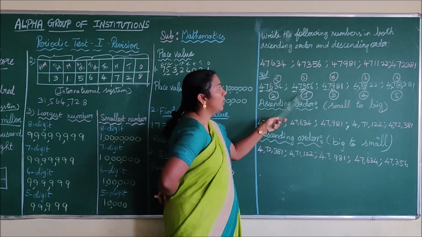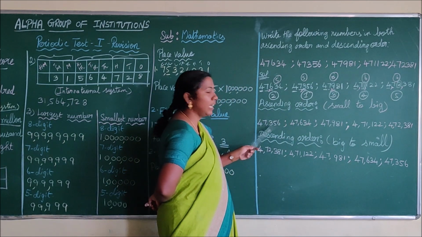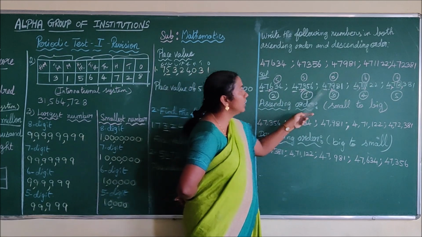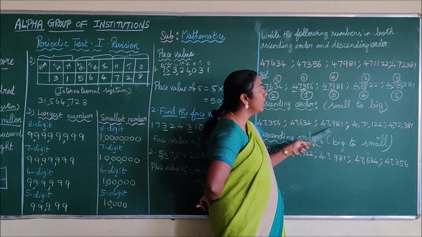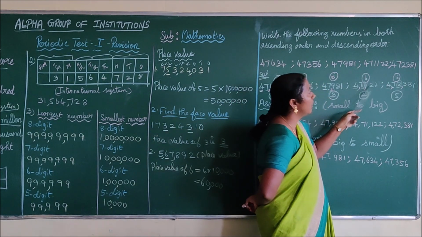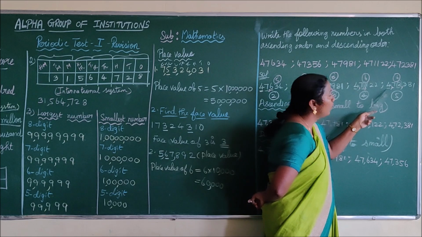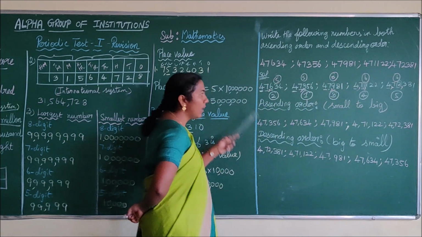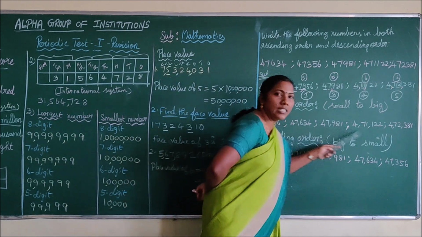Our first number is 47,356. 47,634 is the second number, 47,981 is the third number, 4,72,122 is our 4th number, and 4,72,381 is the 5th number. Thus we have arranged the given numbers in ascending order.